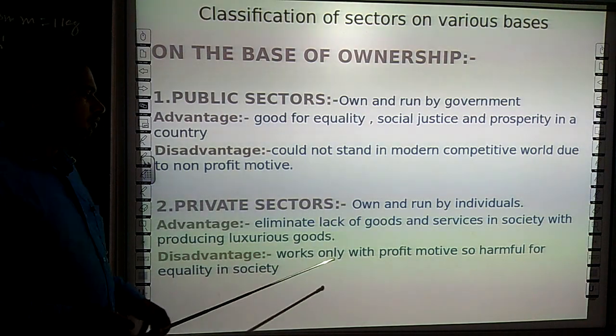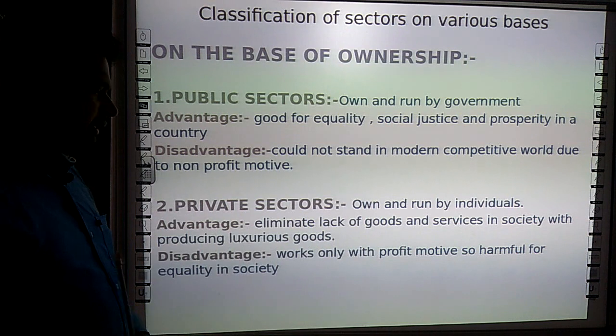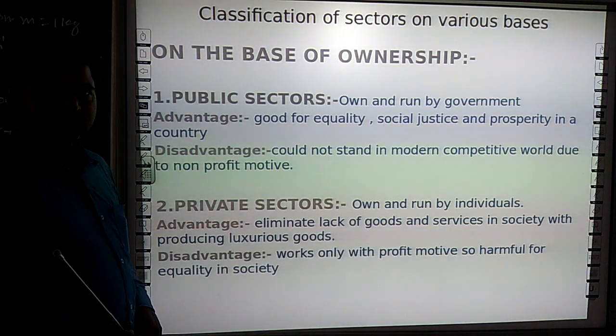Disadvantage: it only works for profit motive, and that's why it is very harmful for equality in society.